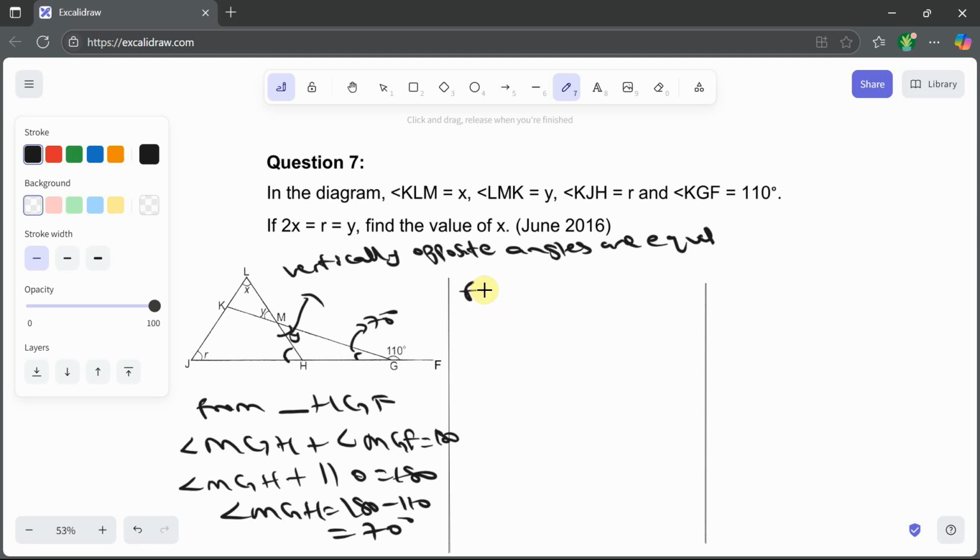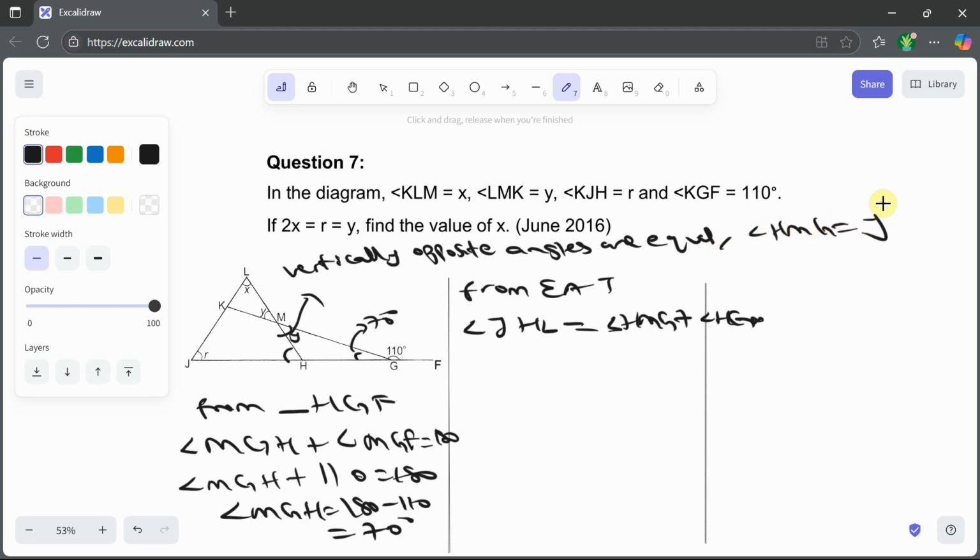So from the external angle theorem, we could see angle JHL, or LHG, however you want to put it, is equal to angle HMG plus angle HGM. We've already established that the angle HMG is equal to y, since vertically opposite angles are equal.